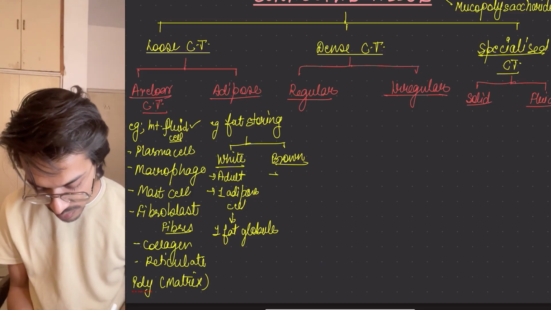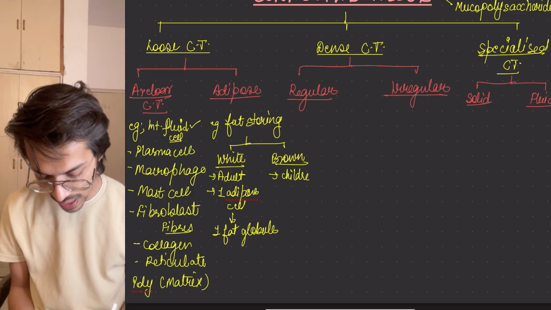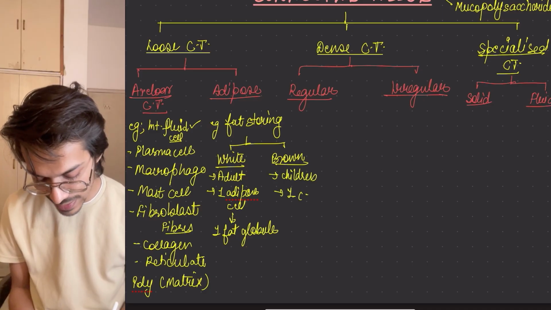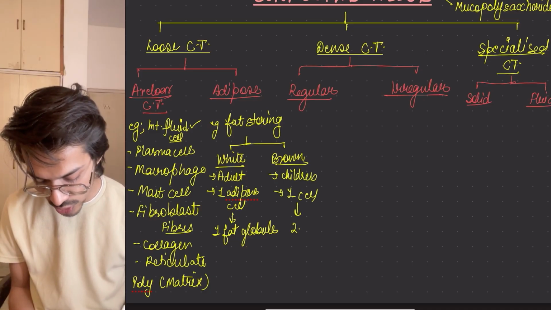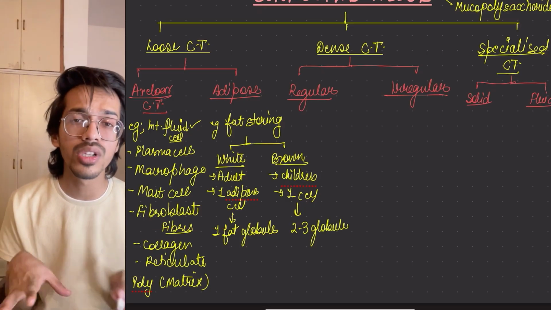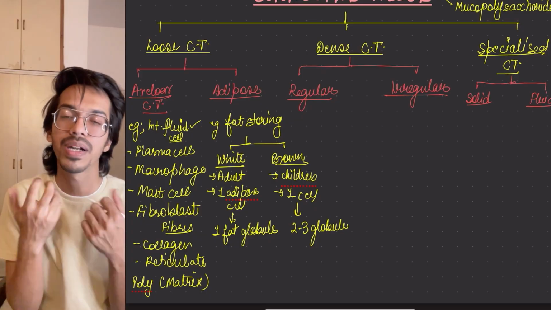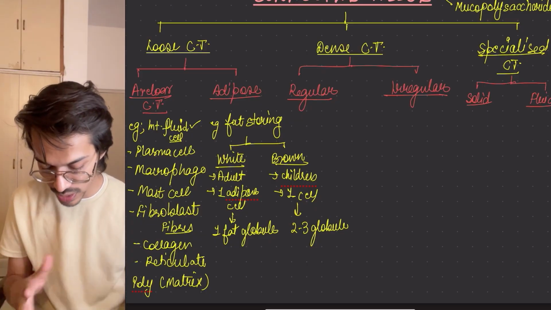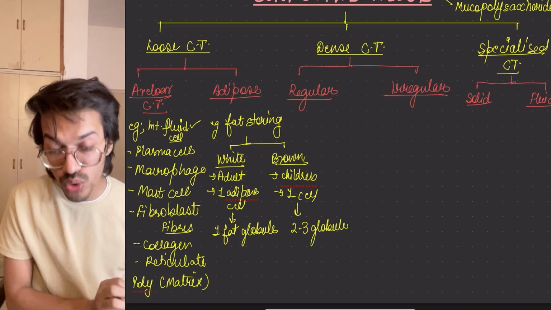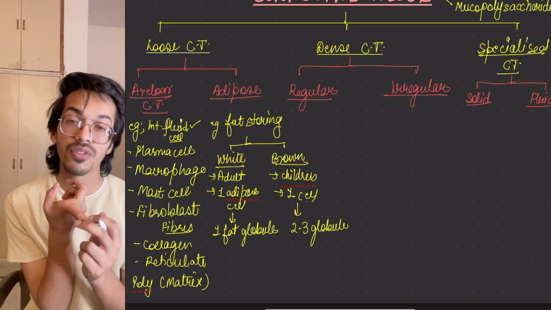But brown adipose tissue is seen in children, and here one cell will have more than two or three globules of fat, so more energy will be provided. That is the reason why children don't shiver. You never see children shivering, but we do. So this is about the adipose tissue. That's it. Adipose tissue is present in the hump of a lot of organisms.